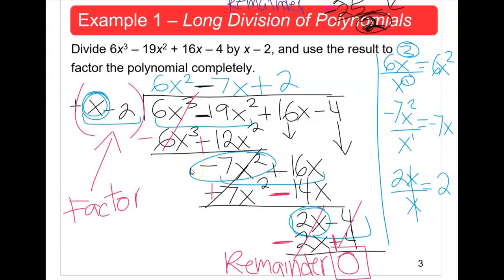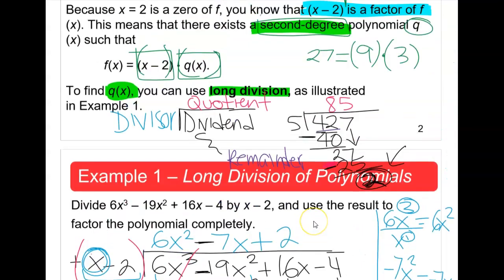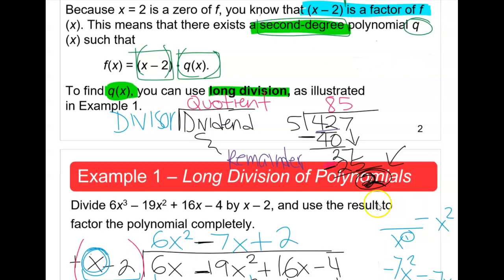Now, it says here, let's go back up and we'll write it there. So here, okay, so this polynomial here, the one that we had in the dividend, oh, and I'm missing a 3 here. The one we had in the dividend, that is f of x.